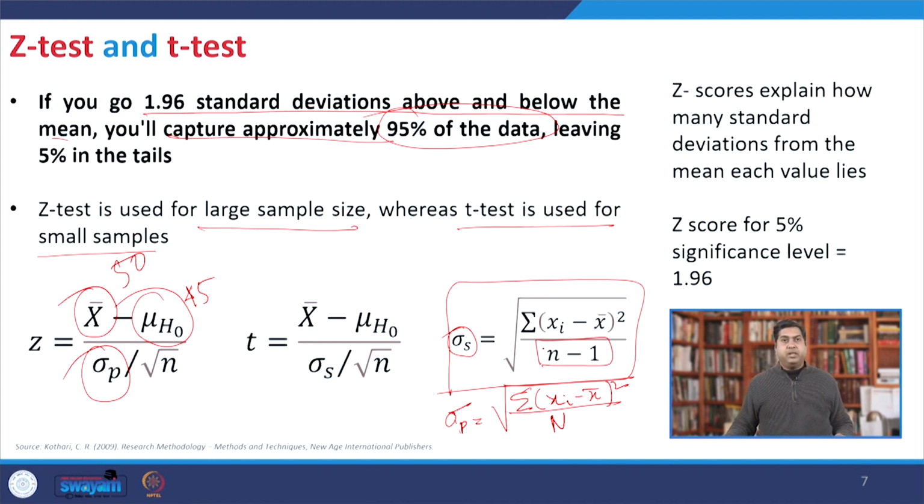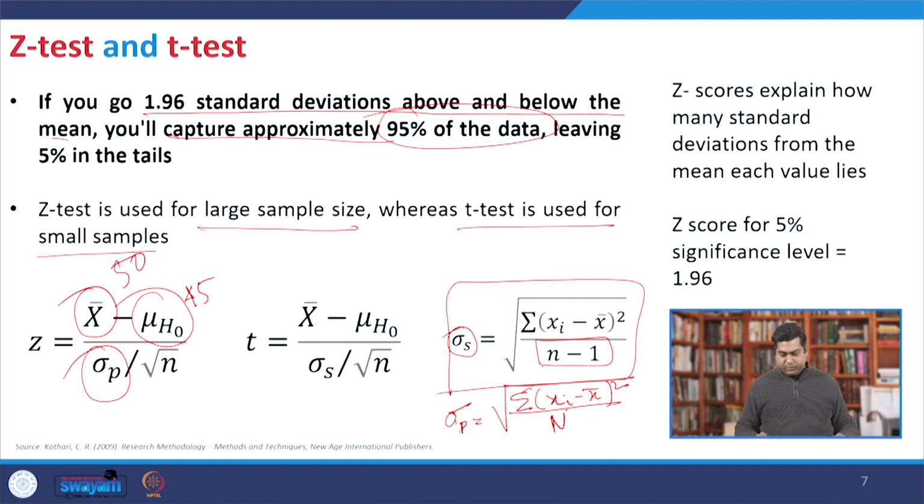Now, as your sample gets higher, n minus 1 is almost close to n. So, if the total population you are considering is say 50,000, then 50,000 minus 1, 49,999, is almost the same.